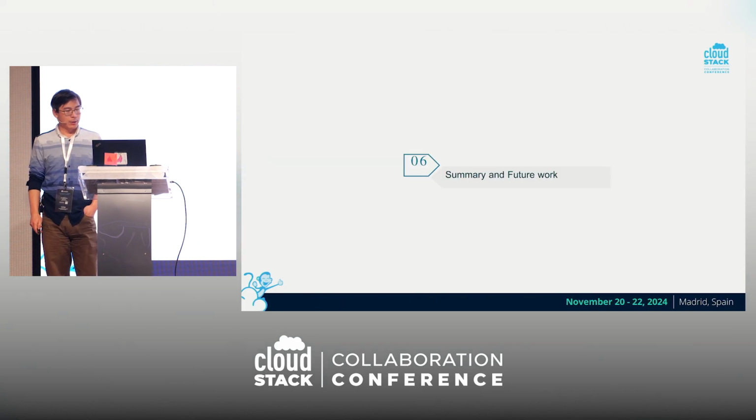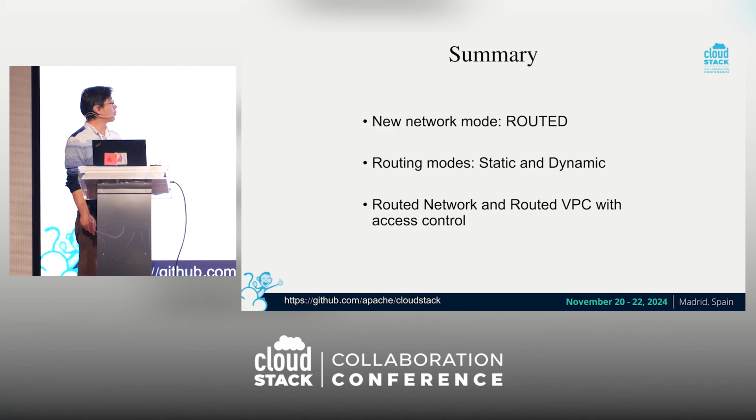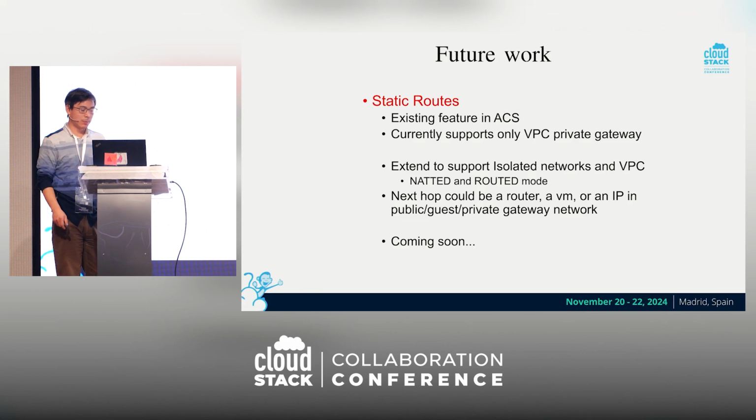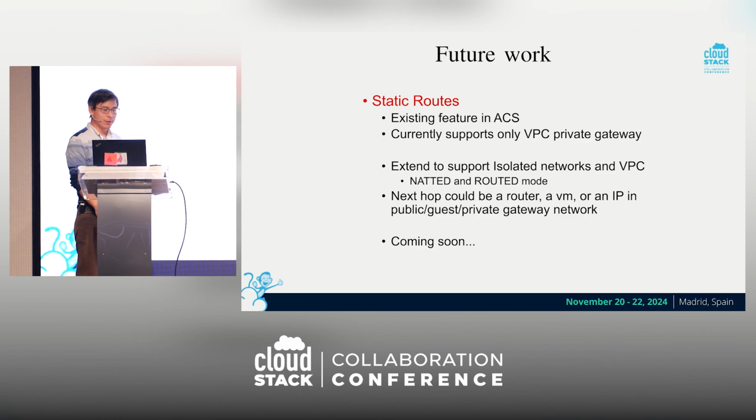Okay, summary: a new network mode, routed, and we support 2 routing modes, static routing and dynamic routing, and we also support access control for routed networks and routed VPC. For future work, the first one is static routes, which has been asked for by many cloud users. It's an existing feature in CloudStack, not new, but currently it only supports the VPC private gateway.